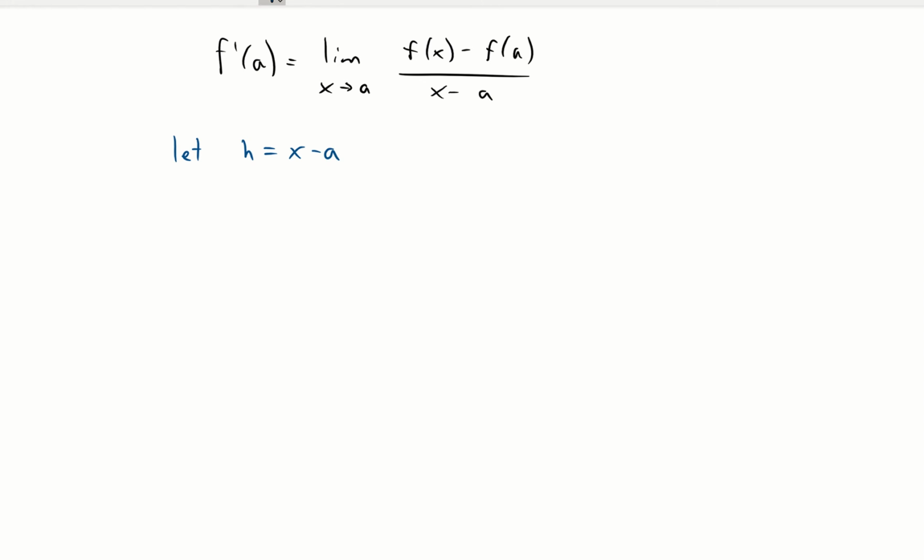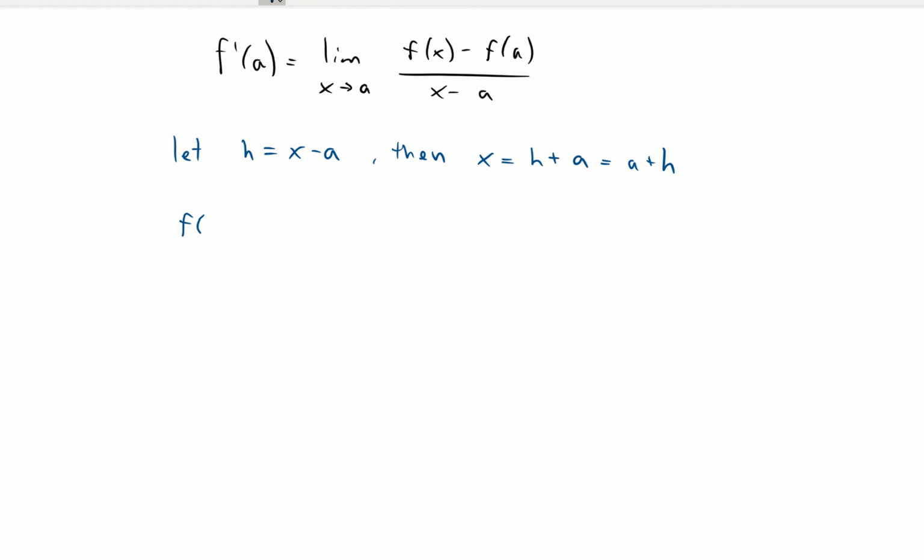If h equals x minus a, then that would also mean that we could get x by itself here, and we would see that x is equal to h plus a, or a plus h is how we'll actually end up writing it in the formula.